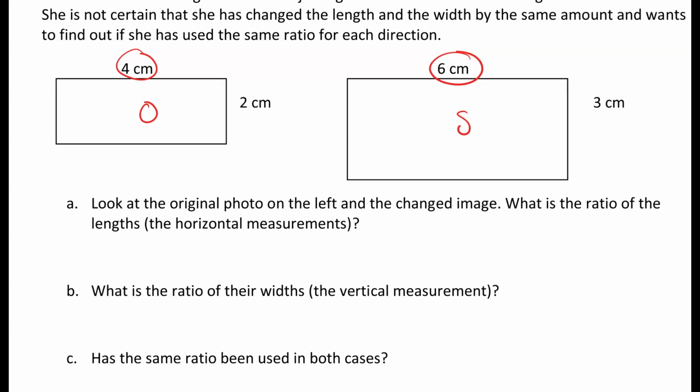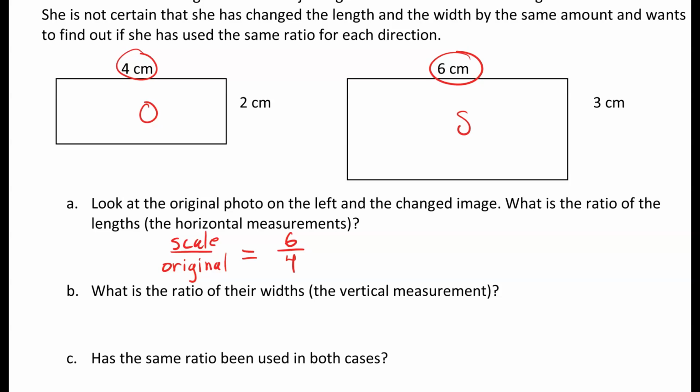We would find our scale factor by having our scale over our original, which would mean we have 6, because on the right is our scale, over 4, which is our original.